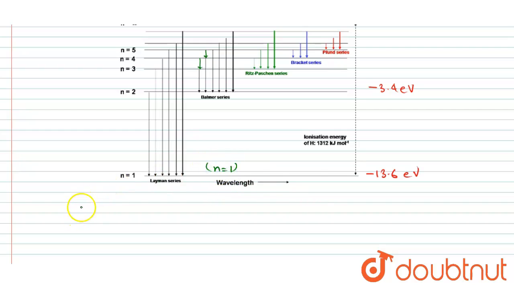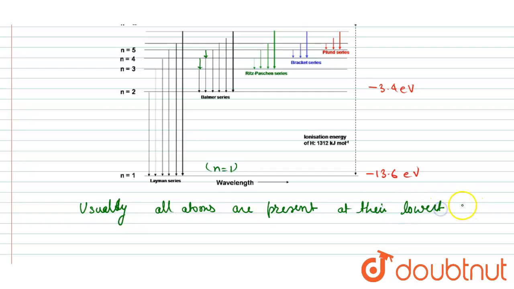Usually I will say, hence the absorption transition can only start from n equals 1.